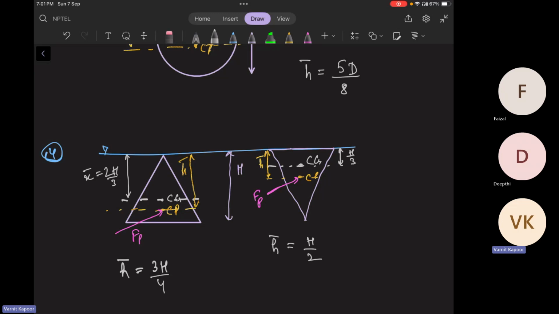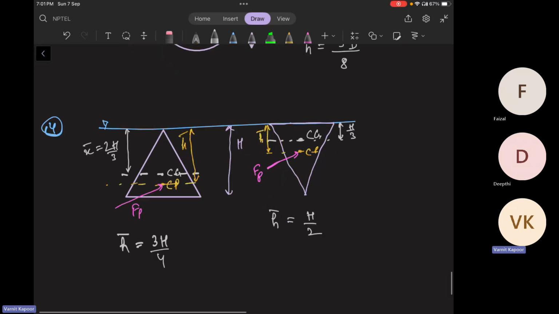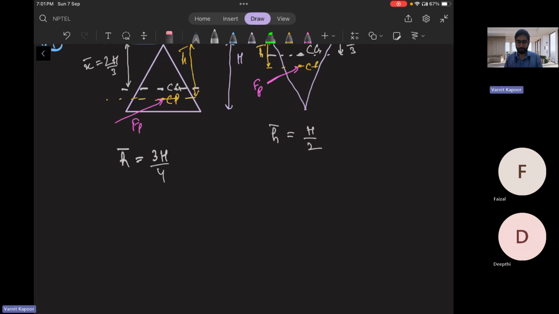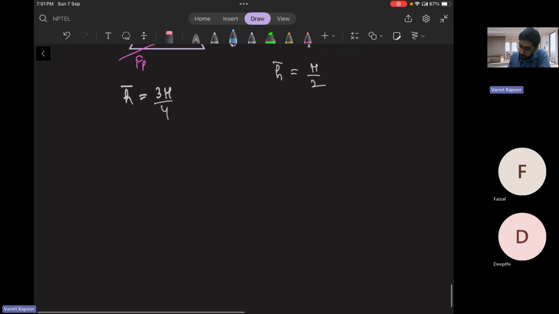All right. So let us start with pressure diagram now. Okay, topic of pressure diagram. In what different ways can we calculate the pressure force? One is the pressure diagram.